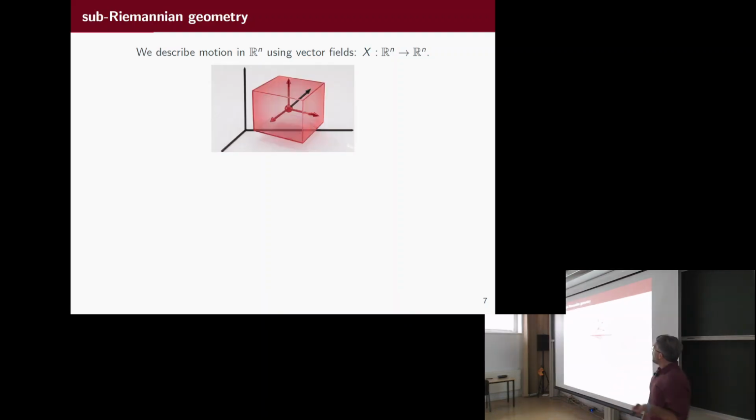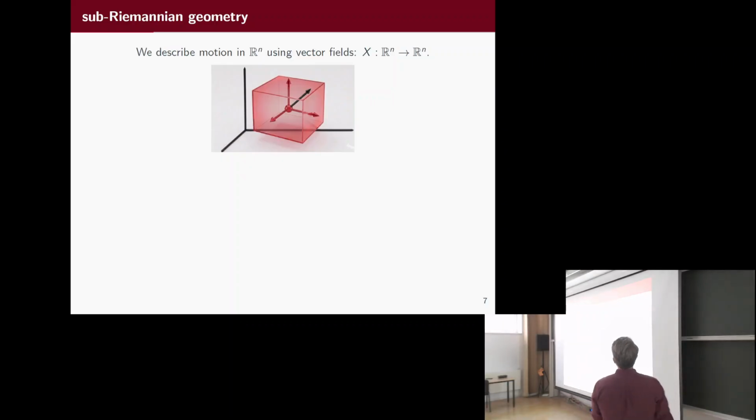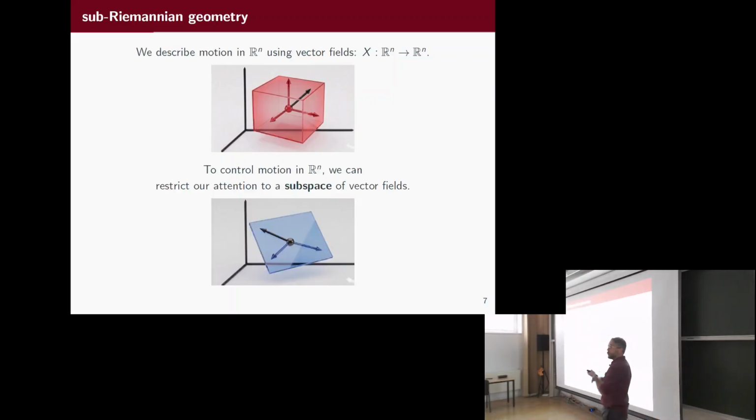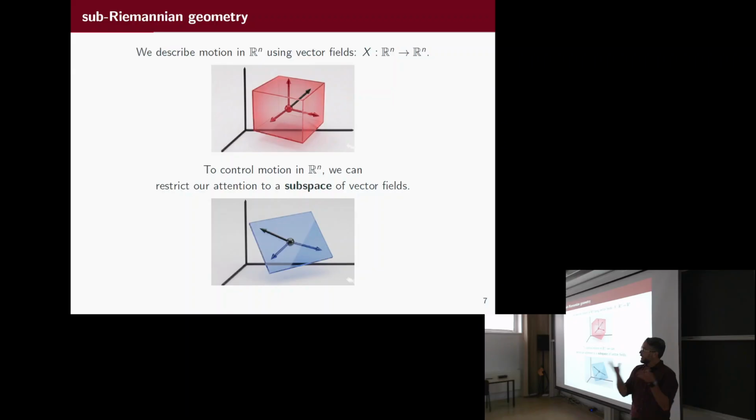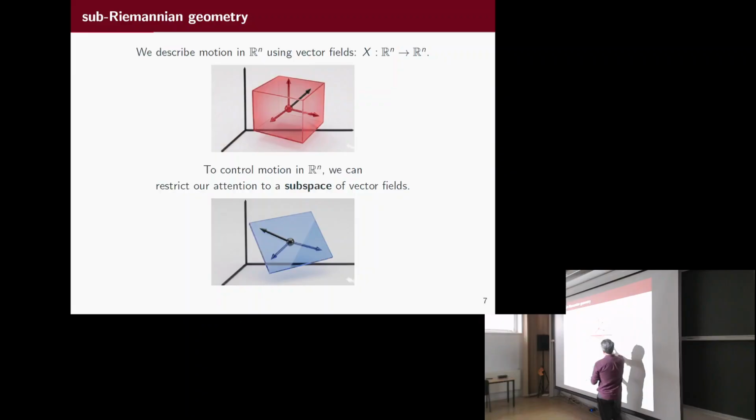So we describe motion in R^n using vector fields, right? So the way we can control motion, we can describe these scenarios where you're only allowed to move certain directions. One way we do this is we restrict our attention to a subspace of vector fields. We assume that they vary smoothly, and we make some nice, what's called bracket generating assumptions on these vector fields and things like that.